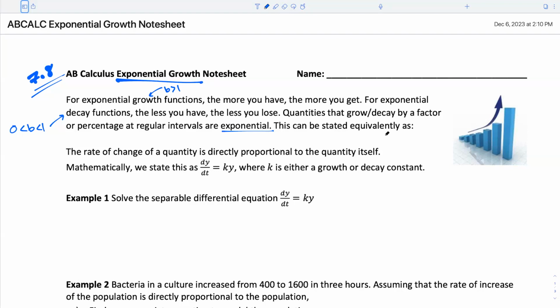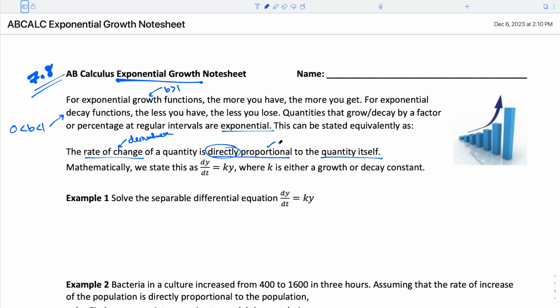Okay. This can be stated equivalently as the rate of change of a quantity is directly proportional to the quantity itself. So the rate of change, which is the derivative, is directly proportional, which means multiplication, right?